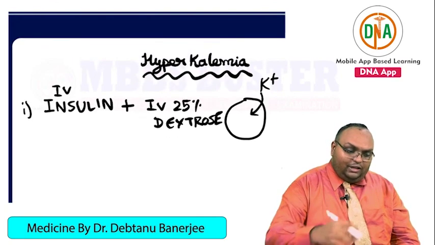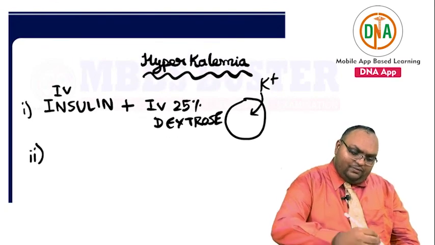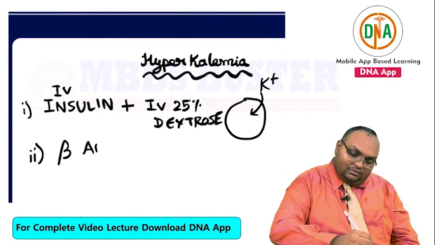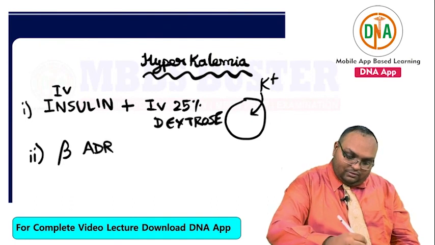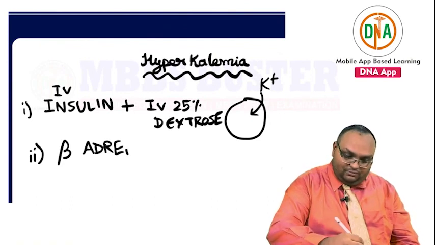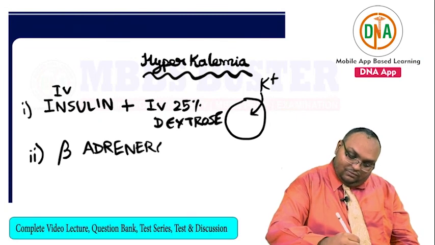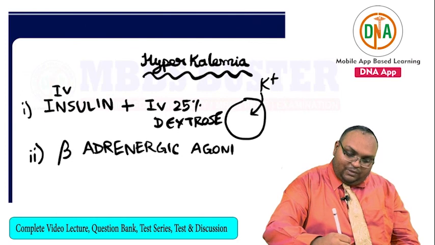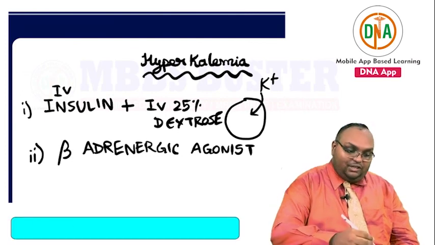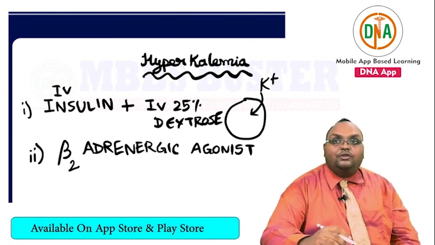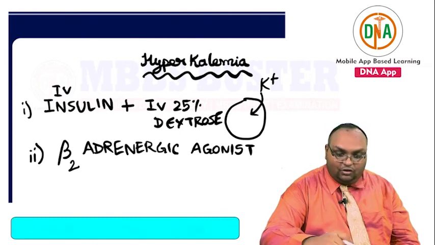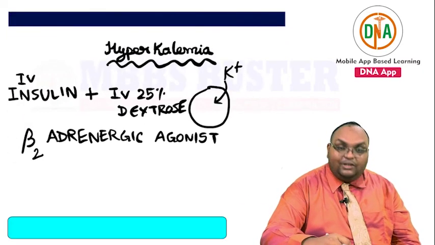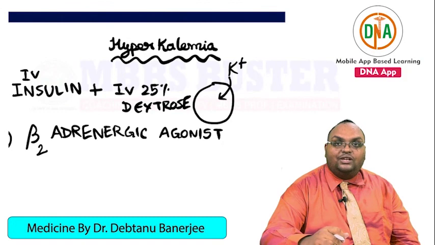The second modality could be a drug dealing with the adrenergic system. Beta adrenergic agonist, mainly the beta 2 adrenergic agonist, because the beta 2 adrenergic agonist will also be driving the potassium back into the cell.